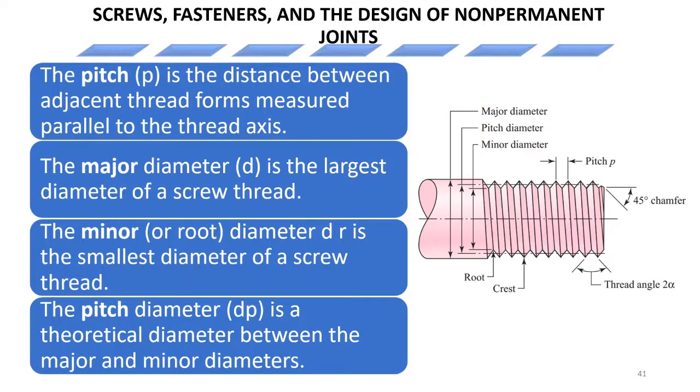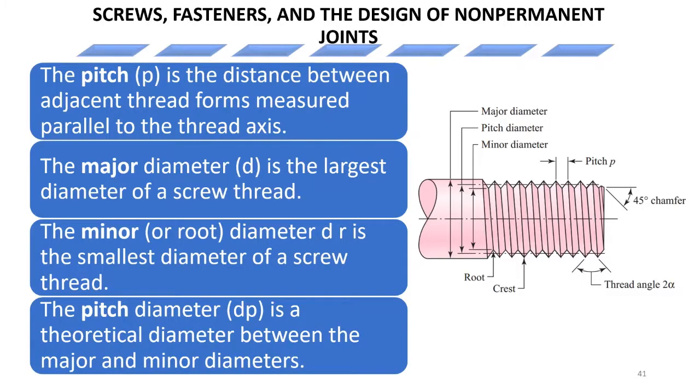We can also have its application in the transfer of power from one point to the other, in screw jacks, like also the lead screw of a lathe machine. We also have the screw in the bench vise. Those are various applications of screws.